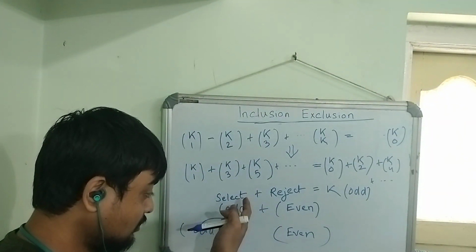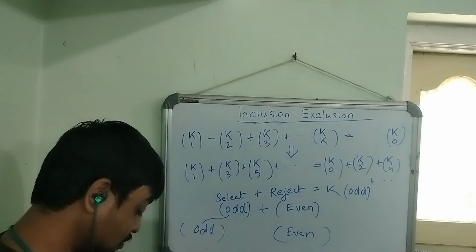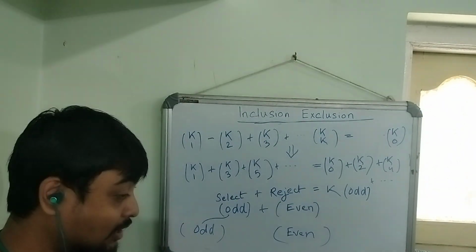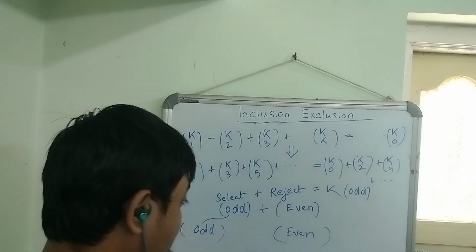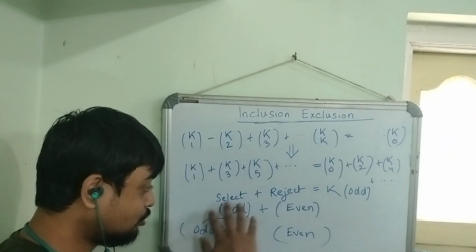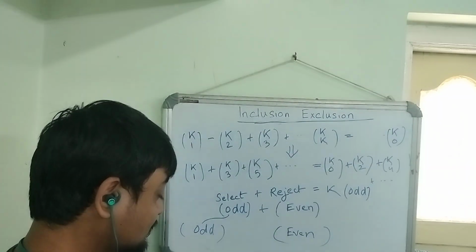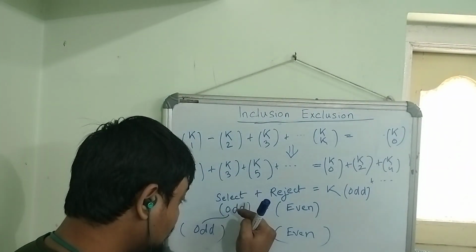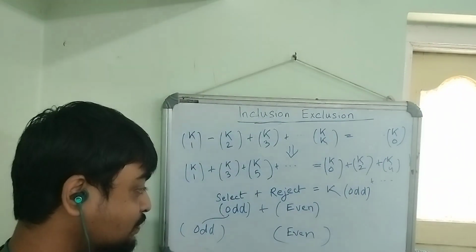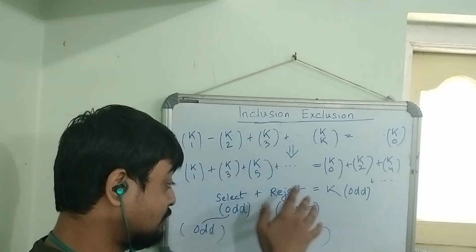See, selection and rejection go hand in hand. We cannot avoid one by doing the other. They go simultaneously. So if we select an odd number of elements, there must be a corresponding even number of elements which we rejected.